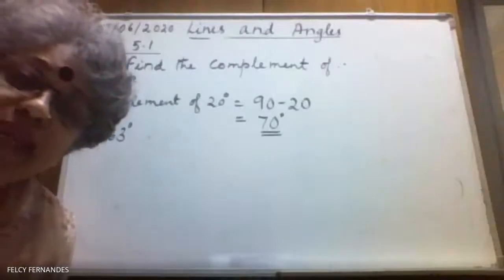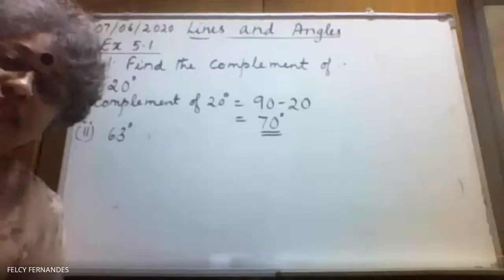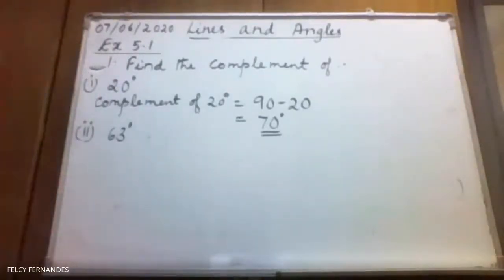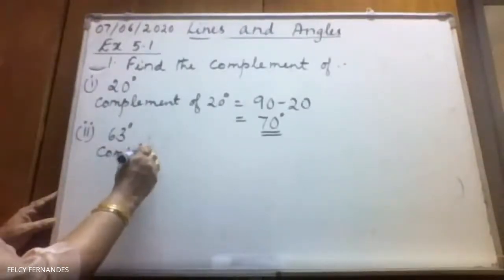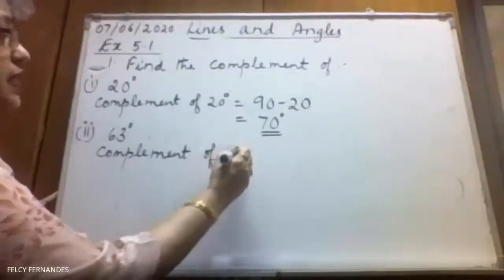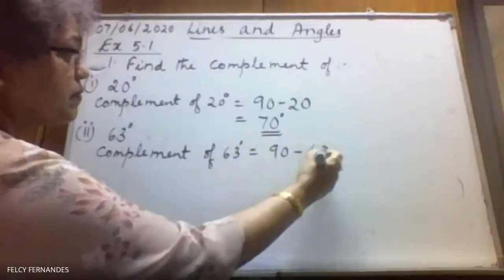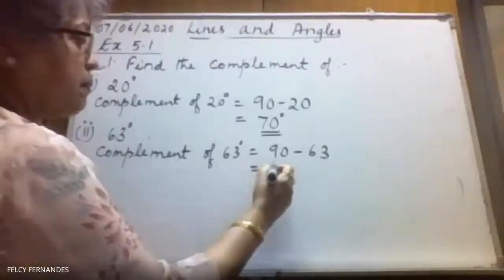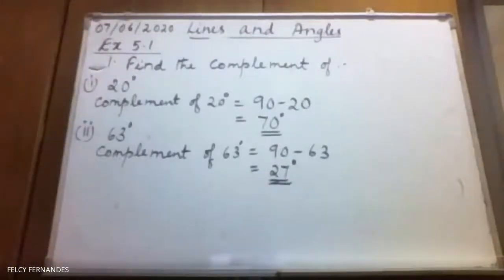Subtract properly. Some are saying 33, some are saying 27. 90 minus 63 you should do. Complement of 63 degree, you subtract 90 minus 63. Yes, correct answer 27 degrees.